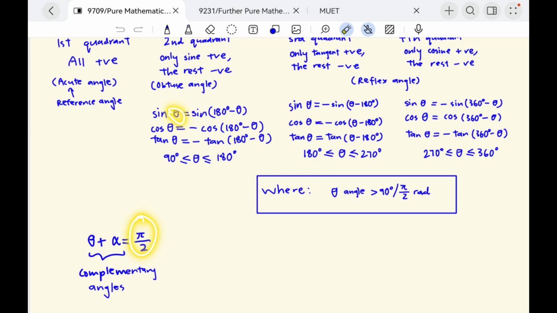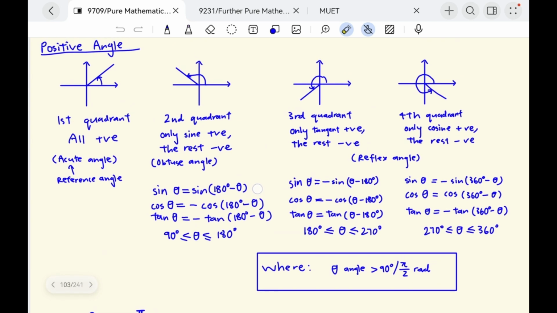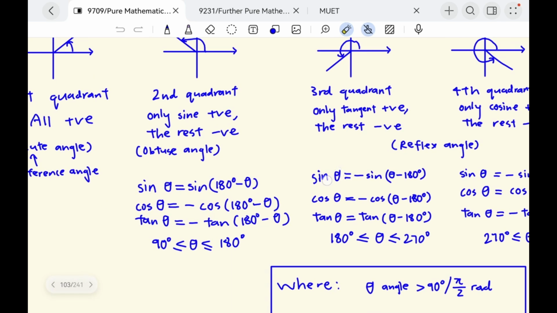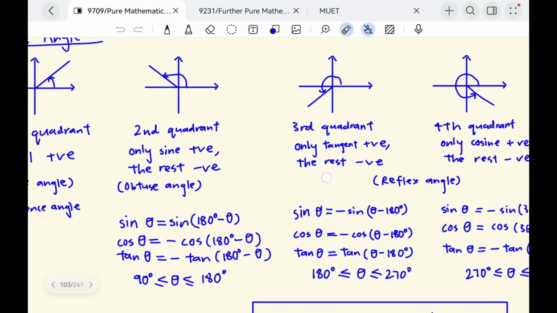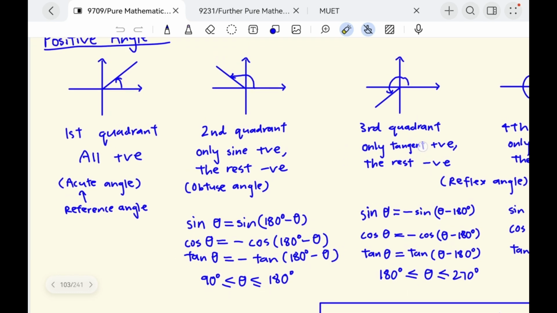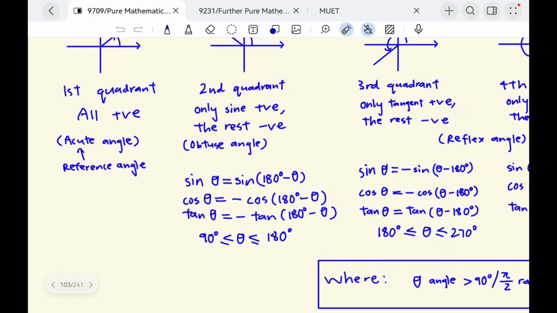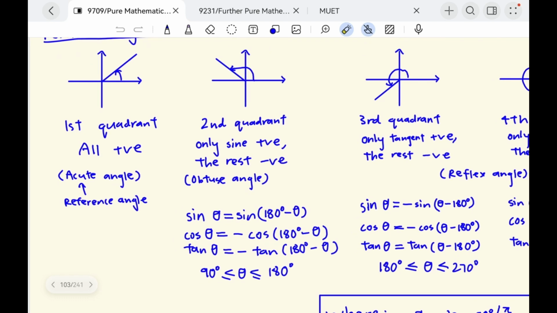When these two are both complementary angles. So this is how I explained it to you. If you have any hesitations, don't be shy, you can reach out to me following the contact I have typed in my description below.